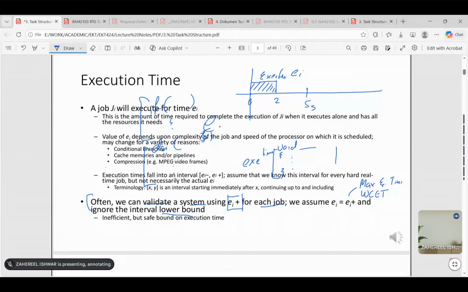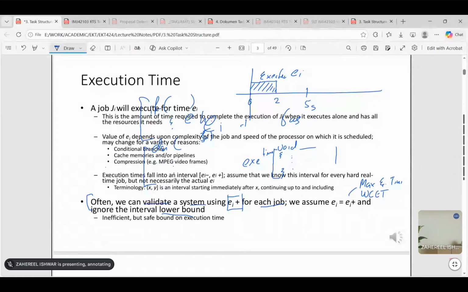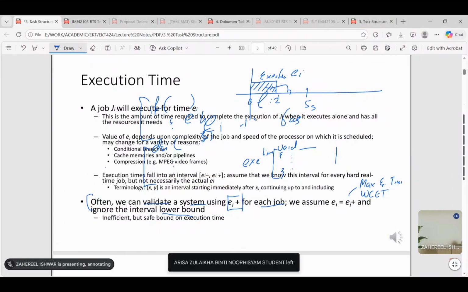Let's say the E sub I plus is plus 1 millisecond, which is 6 milliseconds. Okay, the E sub I minus is 4 milliseconds. So the safe bound is E sub I plus. We take E sub I equal to 6, not E sub I equal to 4.